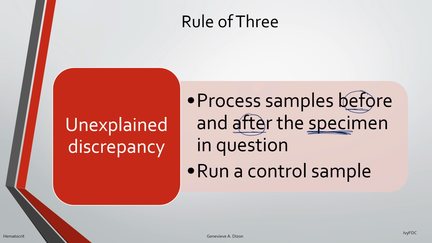What you can do still is run a control sample. So this is your quality control to check if the machine is working properly. If the machine is out of control, then you should fix your machine first. It is the one causing the problems. But if it is in control, then we can say that maybe this is just a random error.